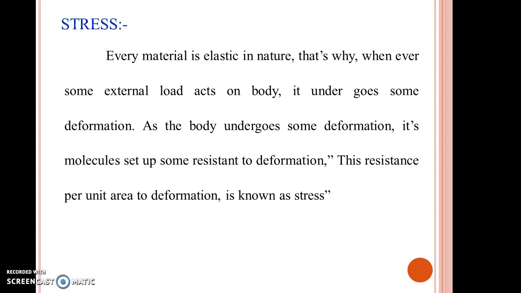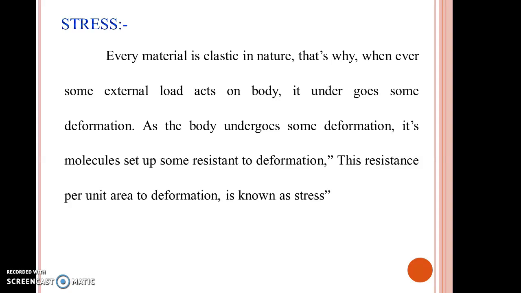This tendency is nothing but the internal restoring force which is present in the object where you applied the load. This tendency per unit force is nothing but the stress.